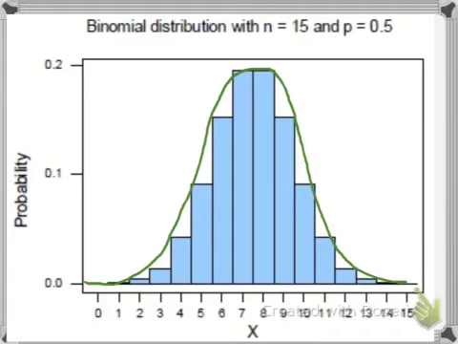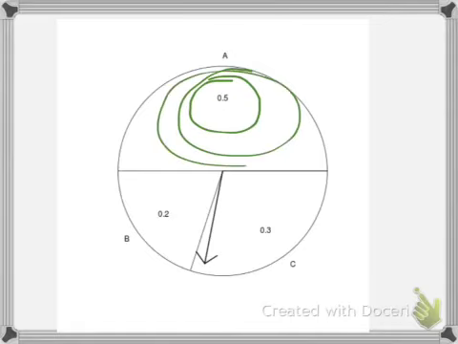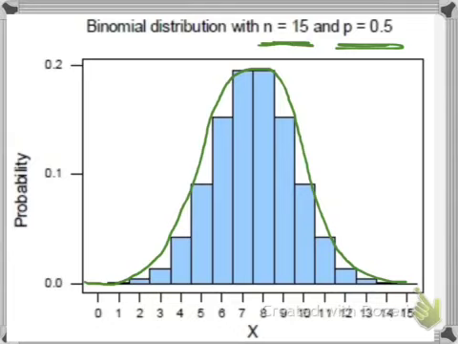If n is quite large, so 15 trials, that's important, and the probability is 0.5, the chance of us getting 7 out of 15 or 8 out of 15 times landing on sector A is quite high, because it's a 50-50 chance. Out of your 15 trials, there's a high chance that you'll get a 7 or an 8 times it'll land on that one. And you can see it falls away either side, the further you get from that middle section.